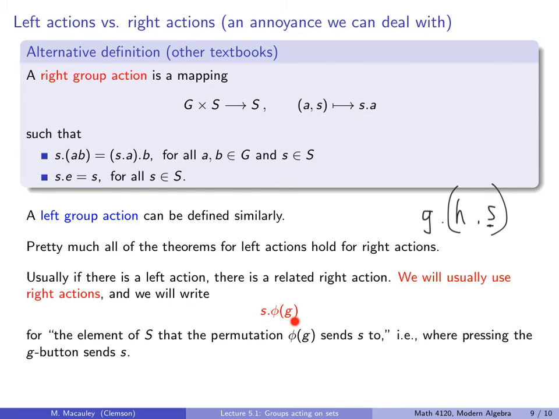So if I write something like this, hopefully it should be very clear. And if we have a left action, we'll write something like this, phi of G dot S. So again, it's a little bit different than most books because we usually favor right actions, and we also are a little more pedantic and we usually keep the phi around where most books don't.